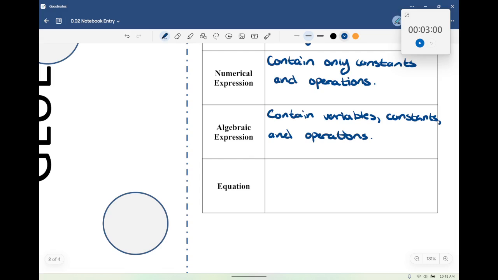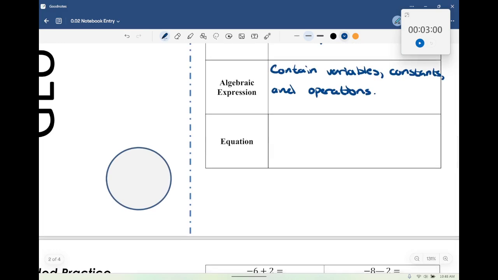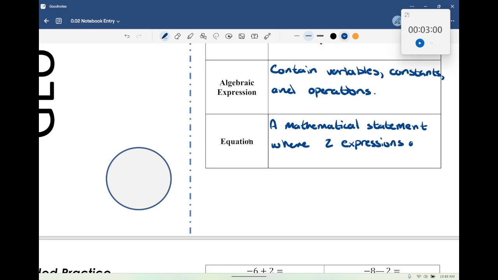And so an equation really is actually now more than one expression. And so an equation is going to be a mathematical statement where two expressions are equivalent.